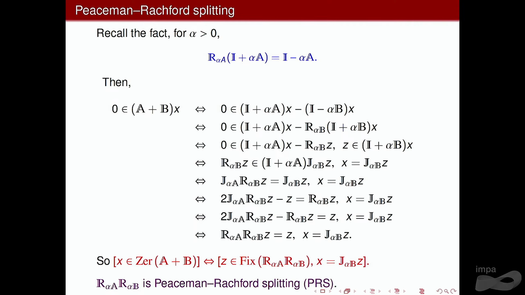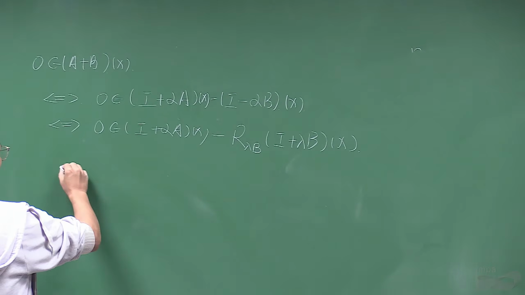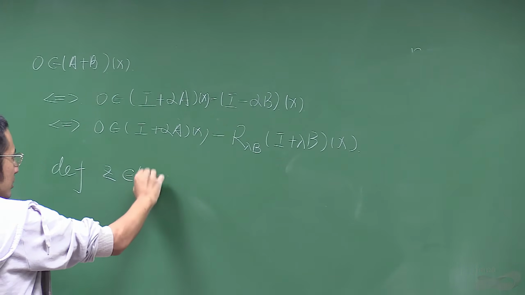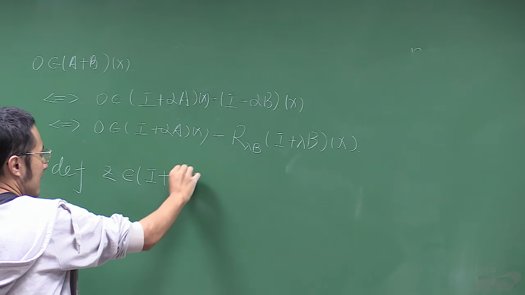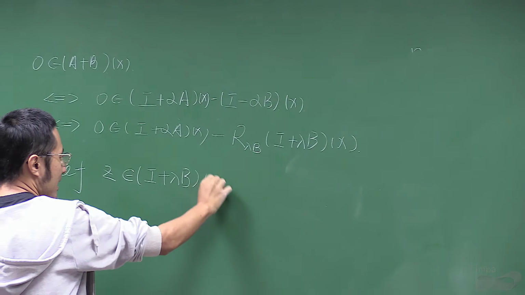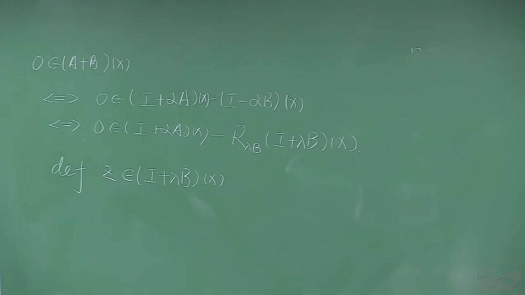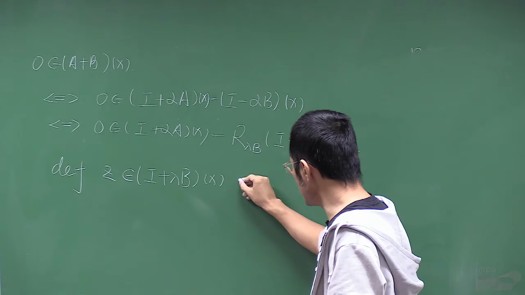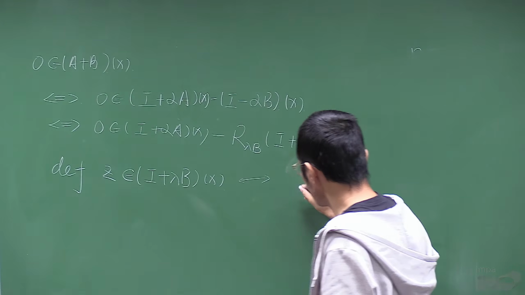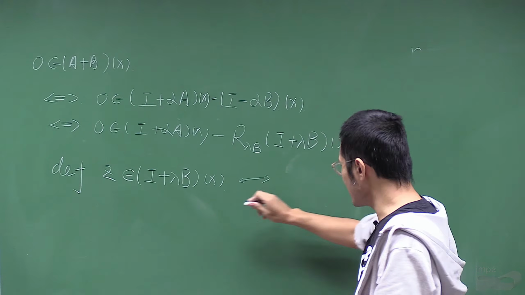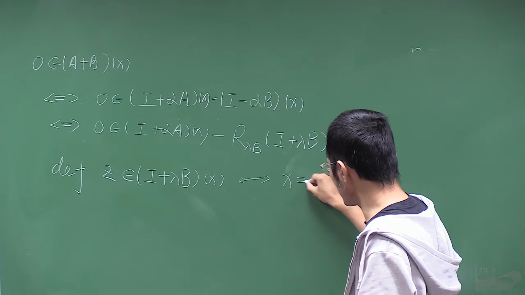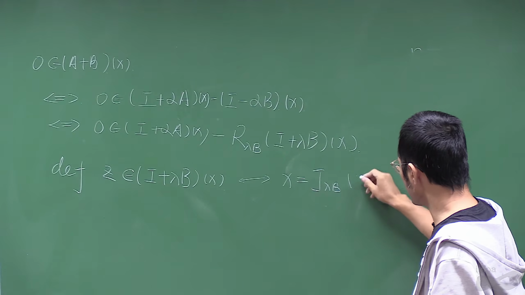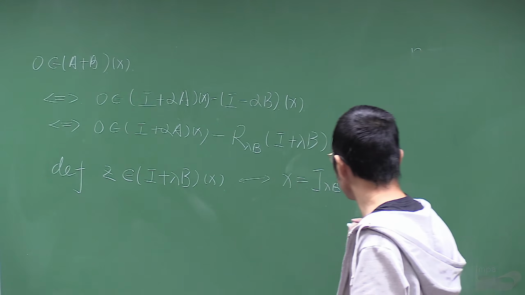Then we can define a vector z belongs to (I plus lambda B)x. By the definition of the resolvent, this inclusion says x equals the resolvent of B at point z.